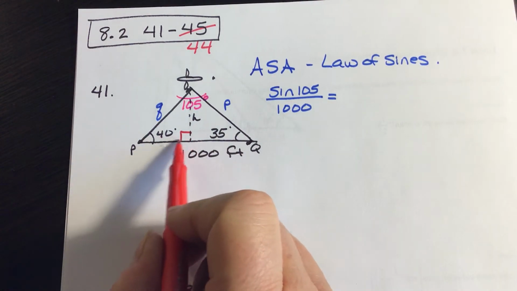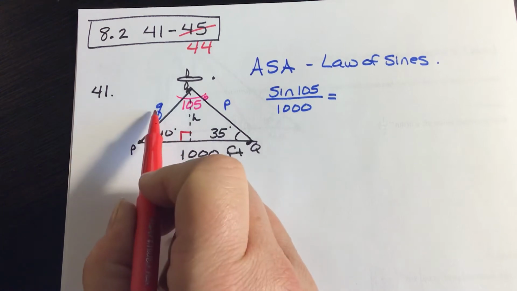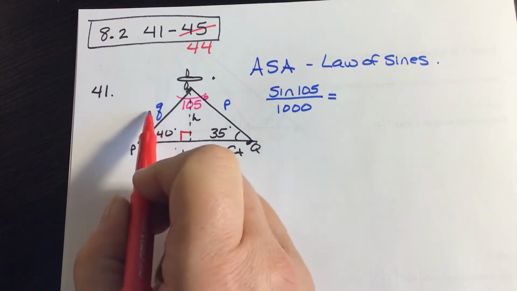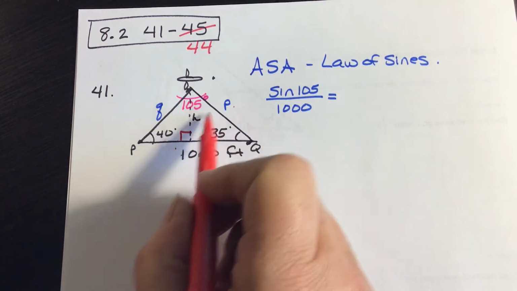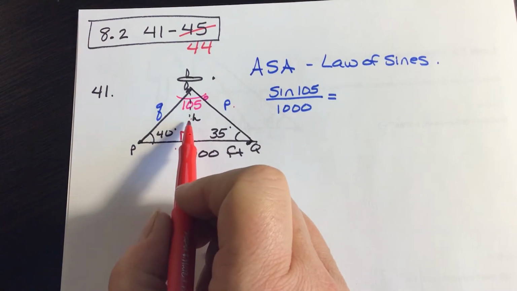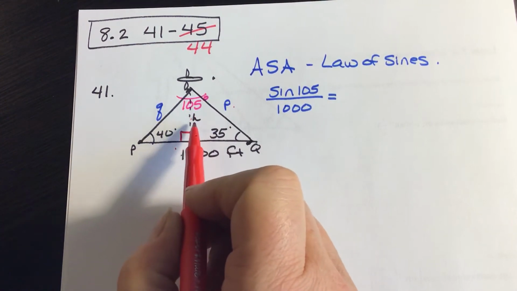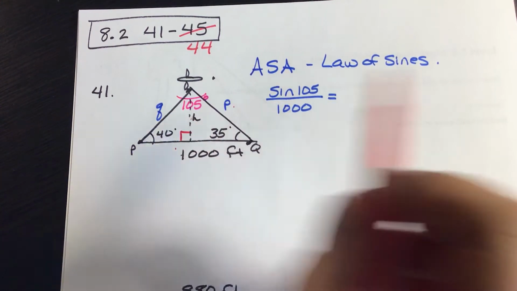So this would be a 90-degree angle, and if I knew a length of one of these sides, I could find the height using a trig ratio.